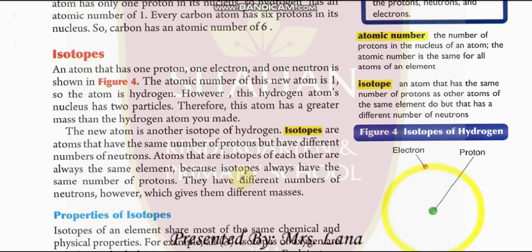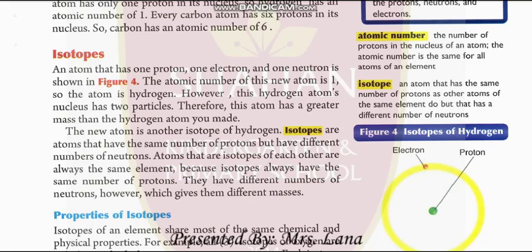Now we are coming to the isotope. An isotope of an atom has the same number of protons as other atoms of the same element, but they don't have the same number of neutrons. They are different in the neutrons. Isotopes always have the same number of protons, but different numbers of neutrons, which give them different masses.